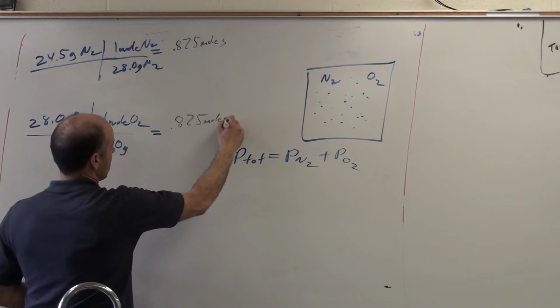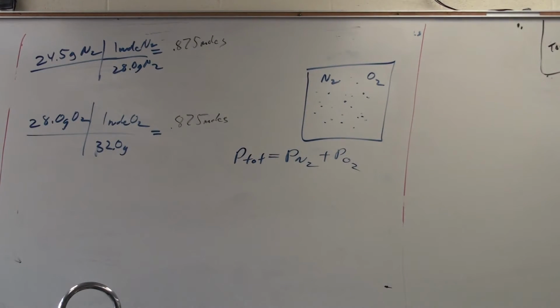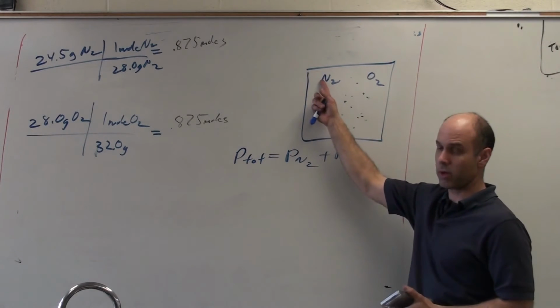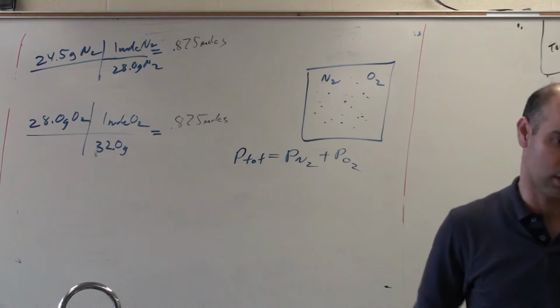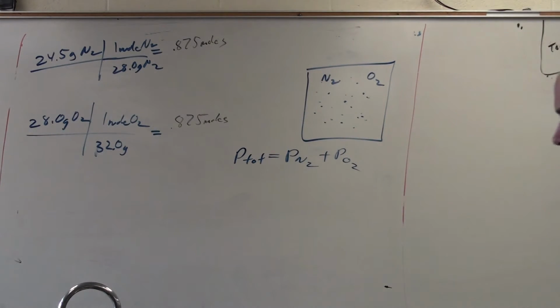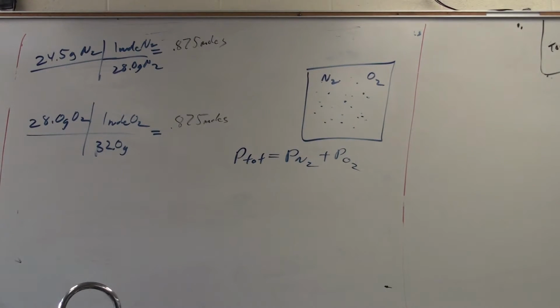The same? Okay, so you can probably tell that's by design. The number of moles are equal, so that means the pressure exerted by the nitrogen is equal to the pressure exerted by the oxygen, because they have the same number of moles. They don't give us the total pressure.